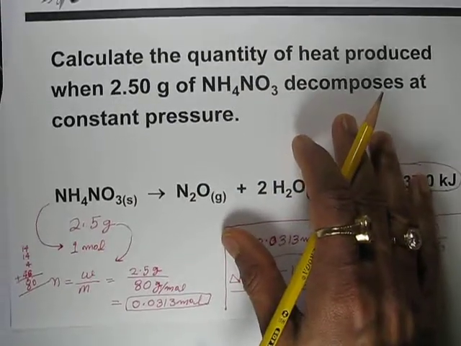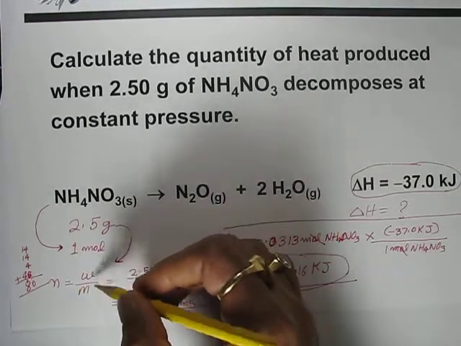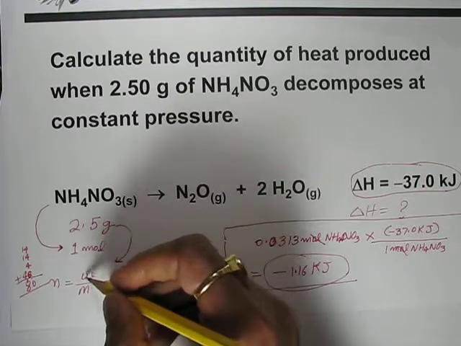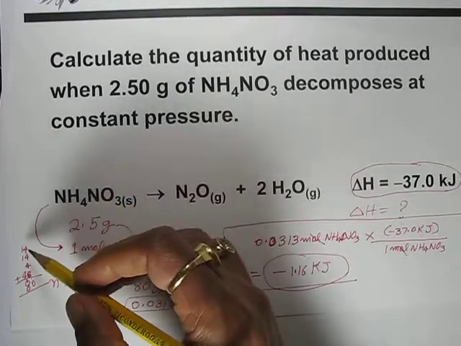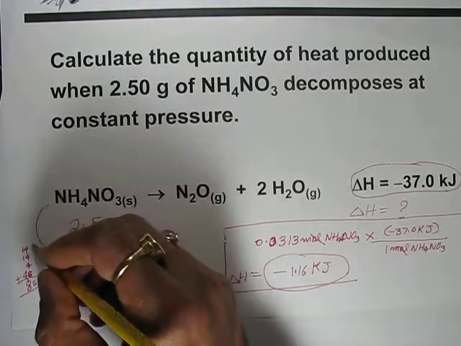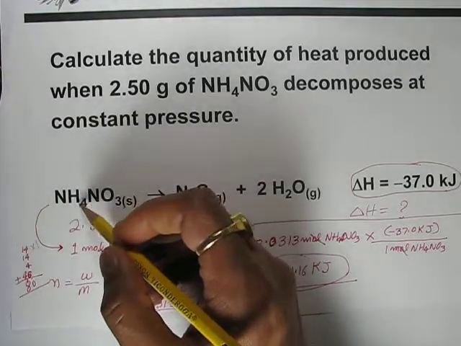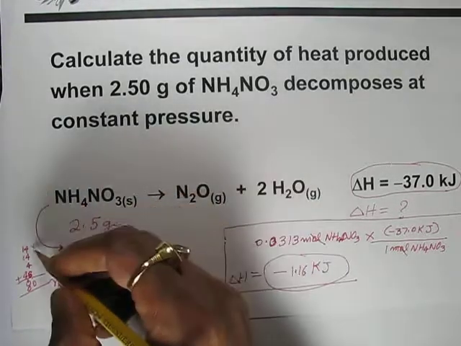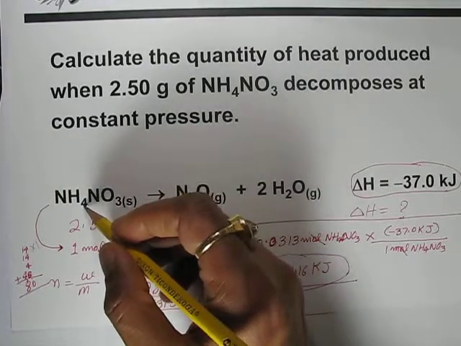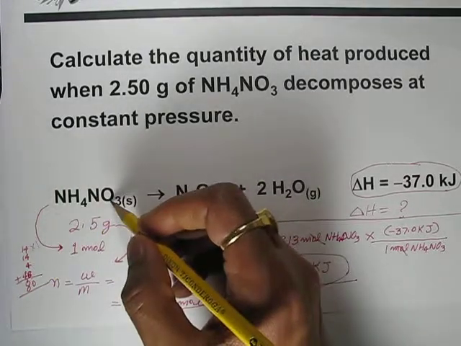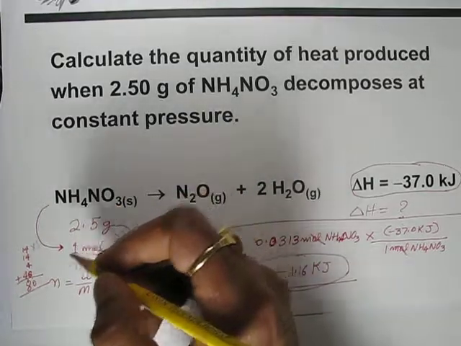So how will we find the number of moles? Number of moles, small n, is equal to small w upon molar mass. The molar mass of ammonium nitrate will be calculated like this: there are 2 nitrogens, so 14 plus 14, then 4 hydrogens, so plus 4, and then 3 oxygens, so 16 multiplied by 3, which is 48.